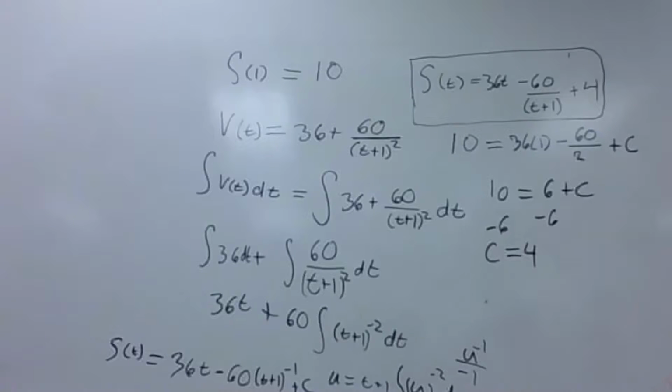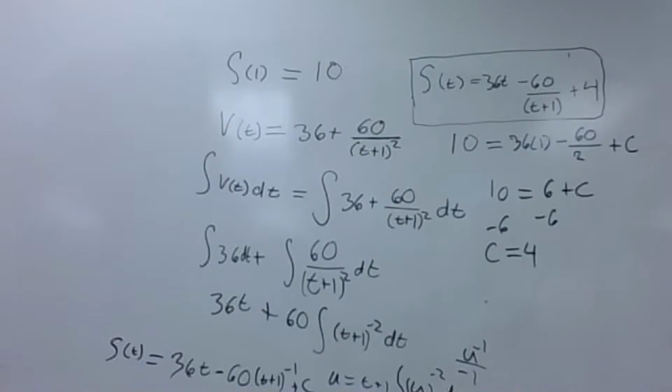Okay. So any questions about how we got there or what we did? From what I understood, basically we take the integral to find the original equation, and then we plug whatever they give us into the equation that we find in order to find c, and then we plug in c, and that's your answer, the original equation with c.